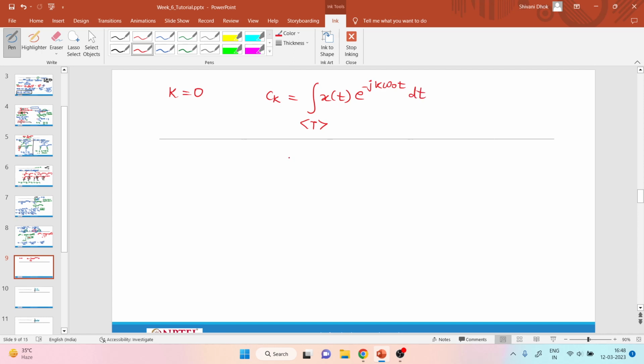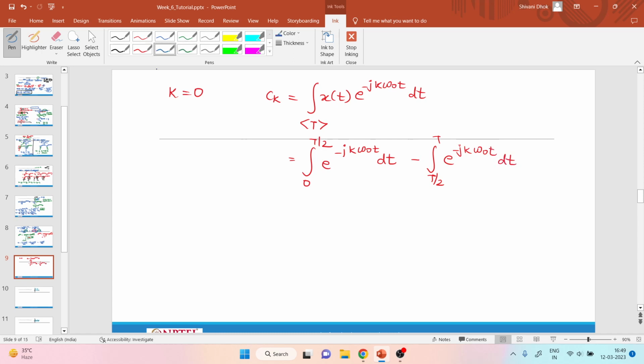This we had separated over two parts, that was from 0 to T by 2 where x of t was 1, into e power minus j k omega naught t dt, and minus the integration from T by 2 to T of e power minus j k omega naught t dt.